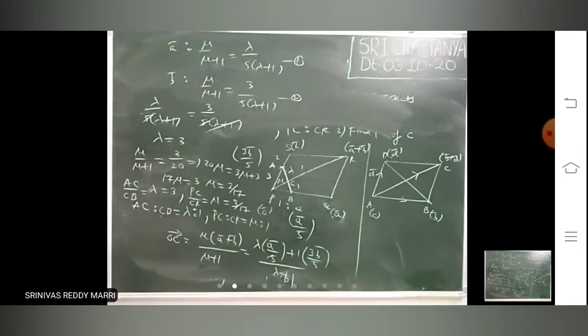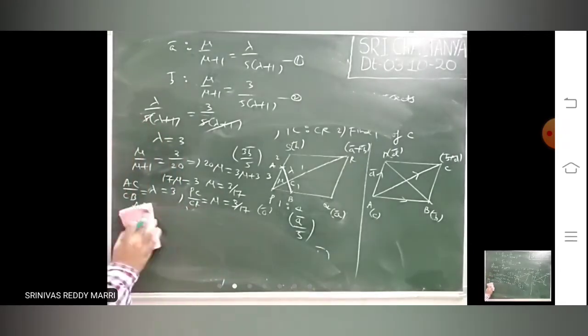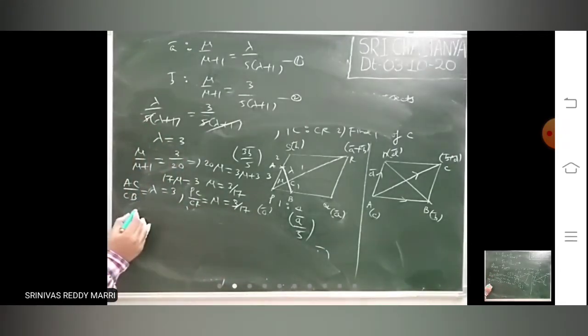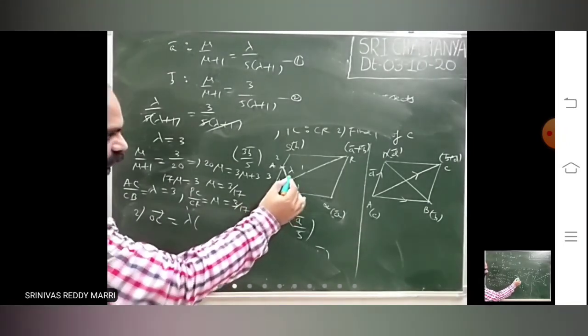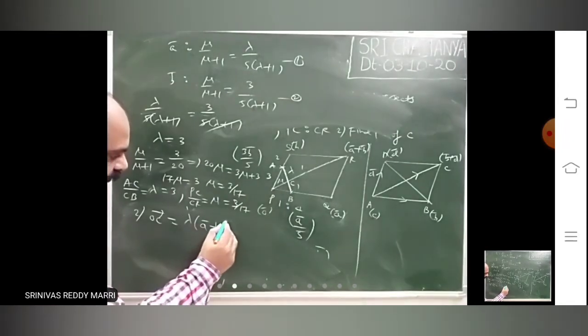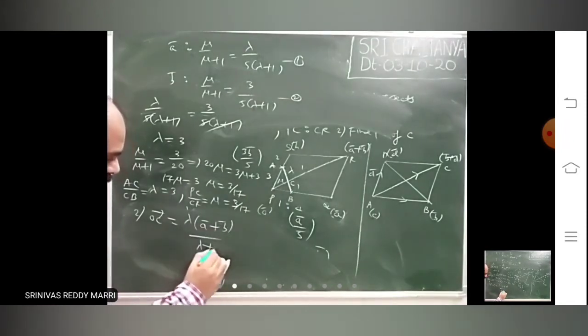That is the first question. The second question is the position vector of C, that means OC bar. The position vector of C we have written. Lambda you know now, so you can substitute either lambda or mu.